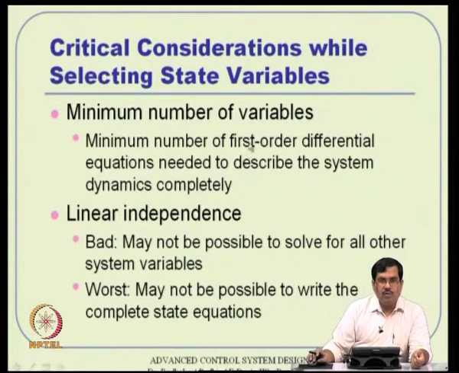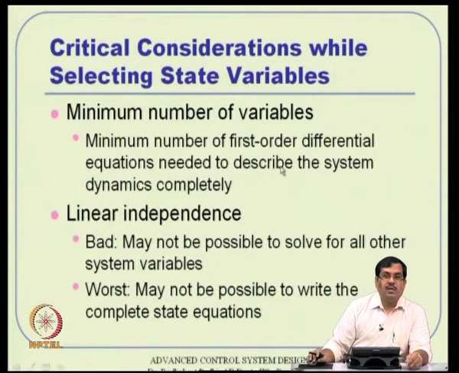But if you select more than the number of variables required, there can be two issues. One issue is computational complexity. That means, if you really require 3 and you have selected 5, then instead of dealing with a 3 by 3 matrix, you have to deal with a 5 by 5 matrix. That is in the sense of the A matrix in a linear system, we will talk a little while later.